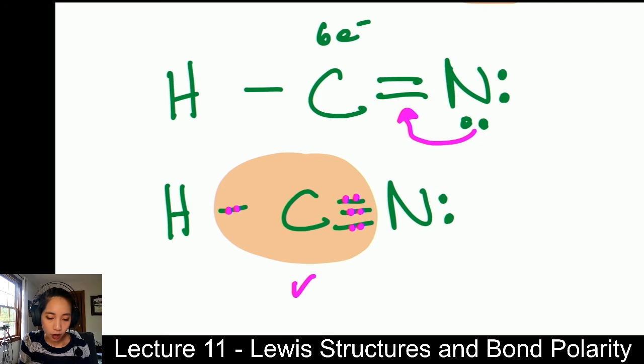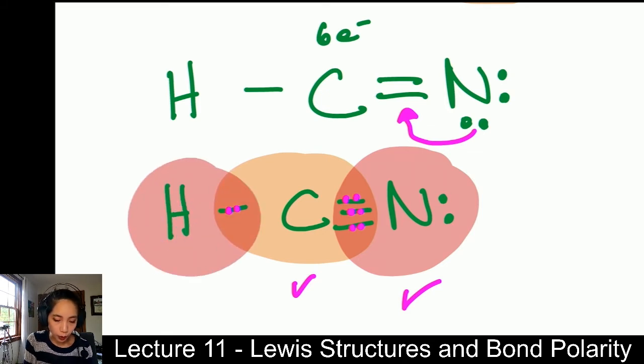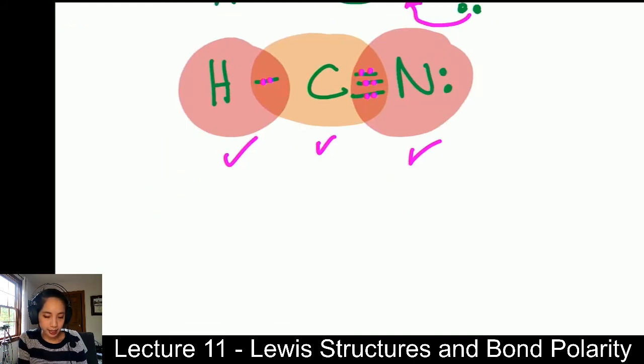We can still check our work with nitrogen: there are 1, 2, 3, 4, 5, 6, 7, 8 around nitrogen, so nitrogen has a fulfilled octet. We can do the same thing for hydrogen. We didn't really do anything to hydrogen, but it still has 2 electrons. That's all it needs. So everything has a fulfilled octet, nice and happy.